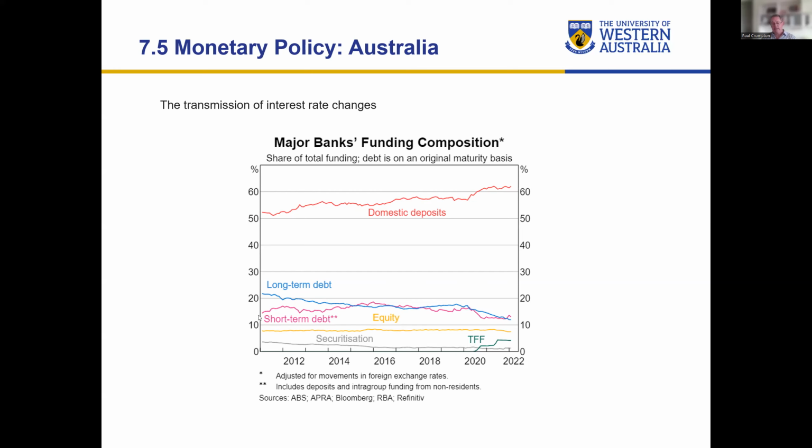So this, on the vertical axis, does show you the proportion of overall bank funding that comes from each of these sources. By funding, I mean where banks get their money from to then lend money to their customers for mortgages, car loans, etc. So the main sources are domestic deposits.